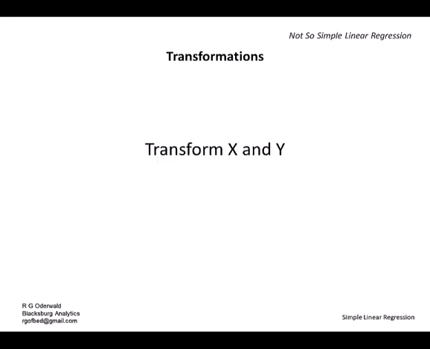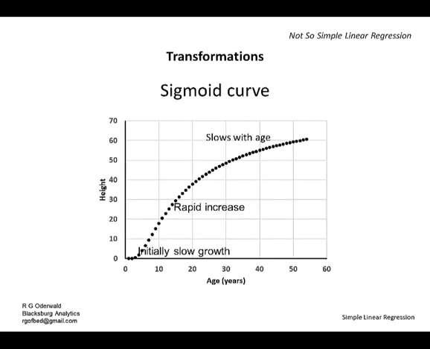In these examples, only the y was transformed, but both x and y can be changed. A good example of transforming both x and y is predicting y from x in a sigmoid curve. The shape is common in height by age for people, animals, and plants.